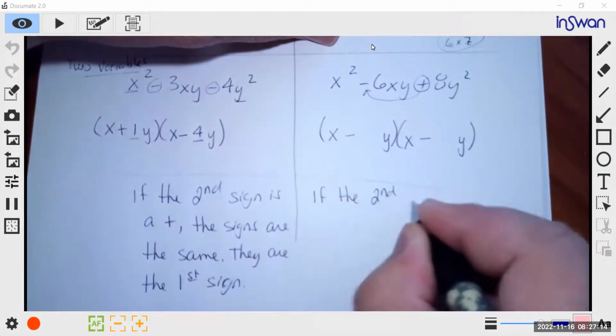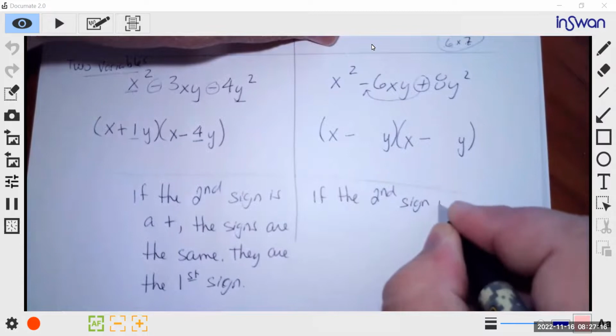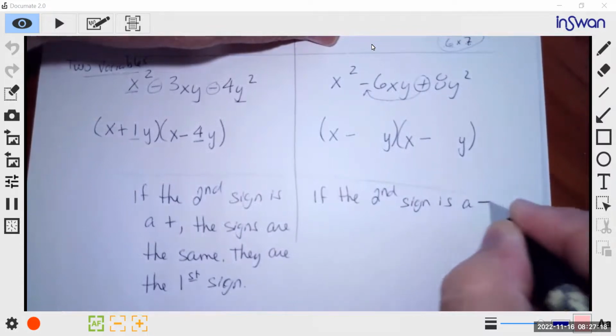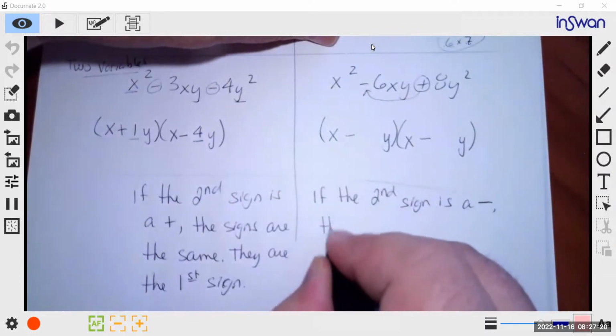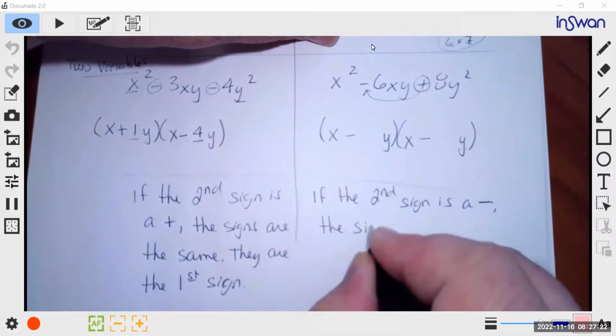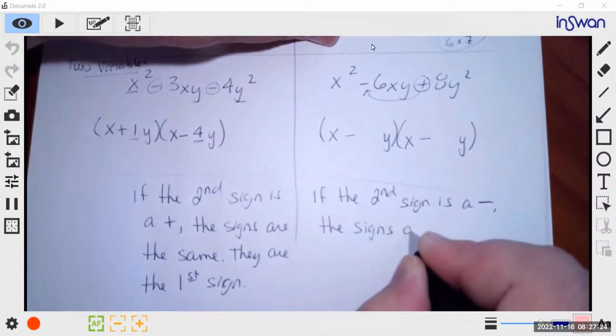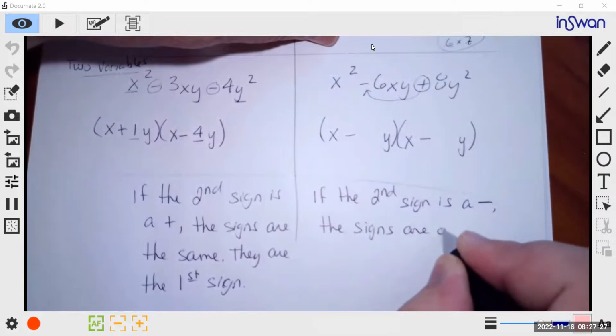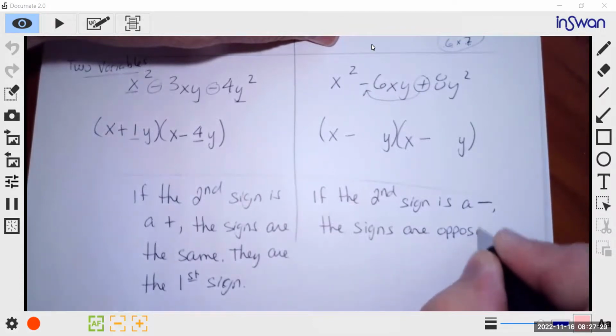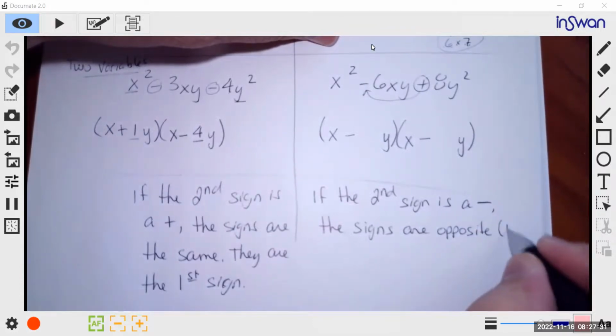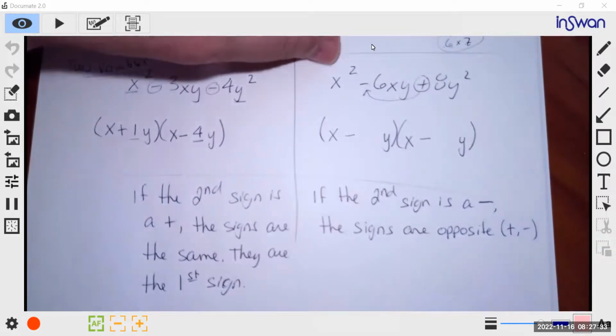If the second sign is a minus, the signs are opposite. One's positive, one's negative.